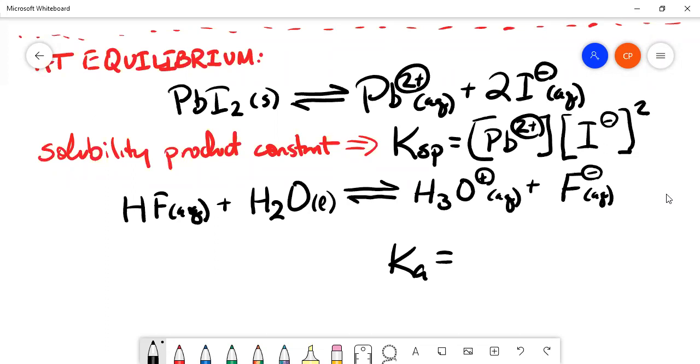Identify the matter in the dispersed phase. And identify the matter in the condensed phase. And only use the matter in the dispersed phase to write down the ratio. And you know what? If I'm really good this time, I'll remember to do products over reactants.